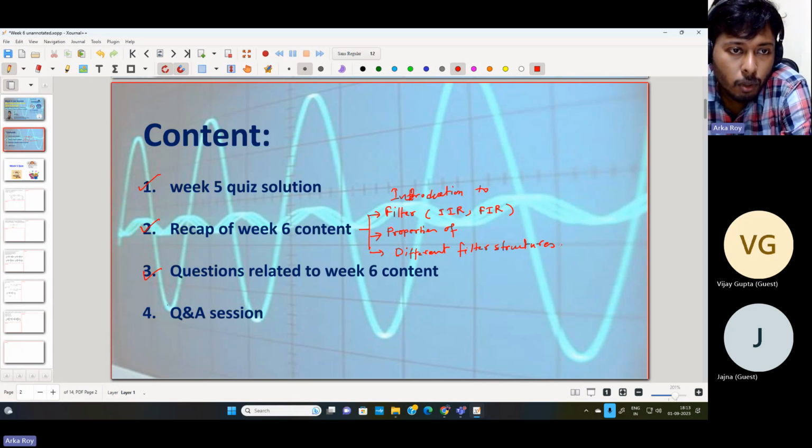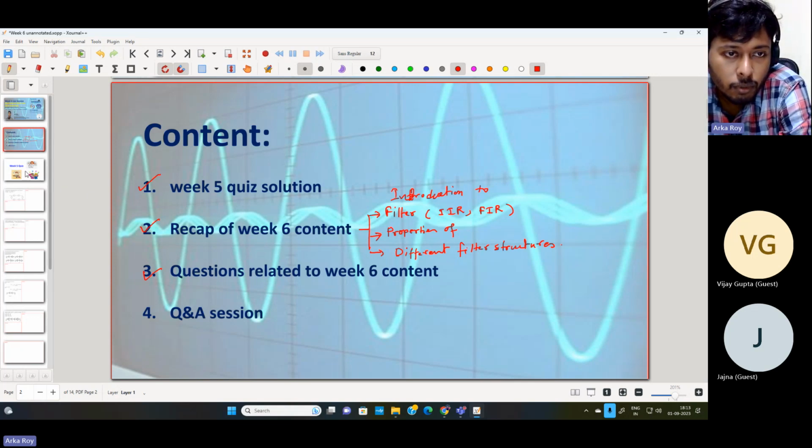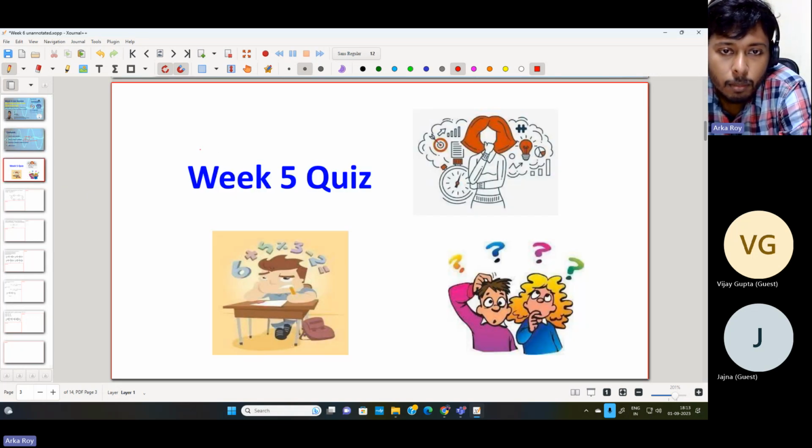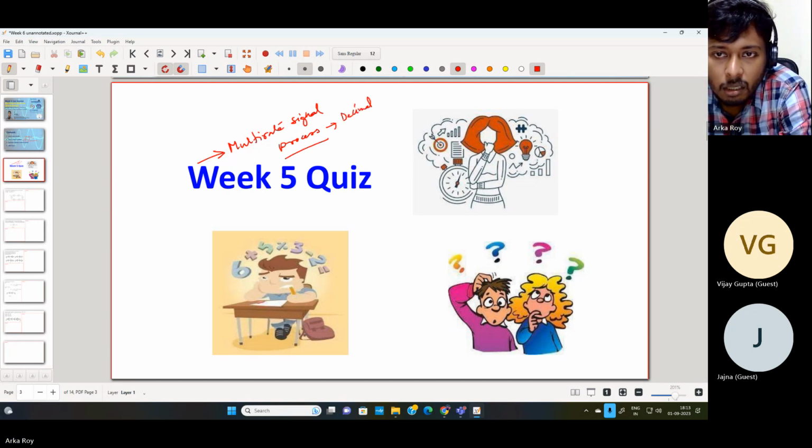So moving forward to quiz 5. In quiz 5, the main topic was multi-rate signal processing, and here the topics were decimation followed by interpolation, and the Noble identities to some extent.